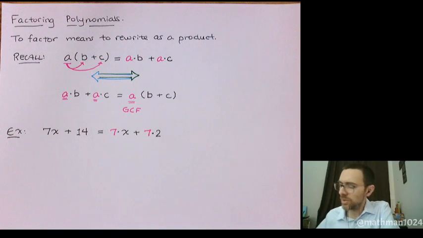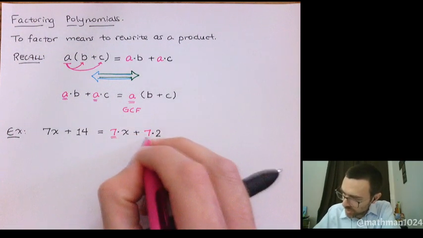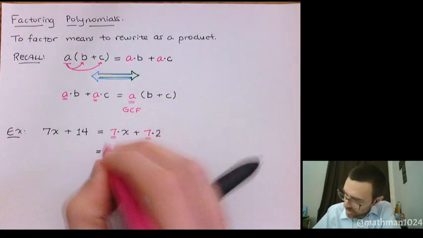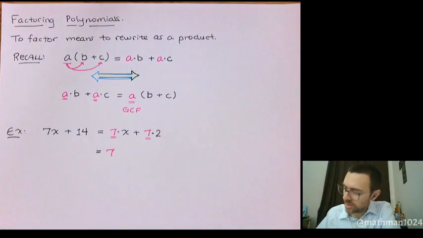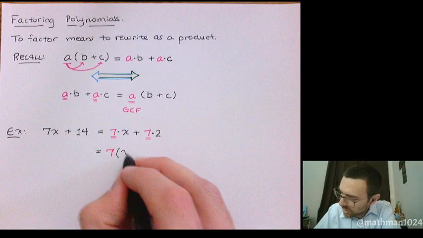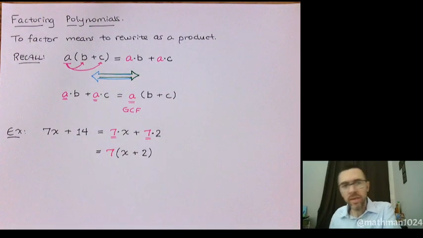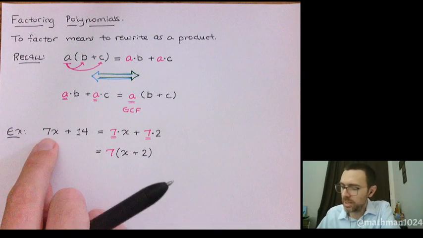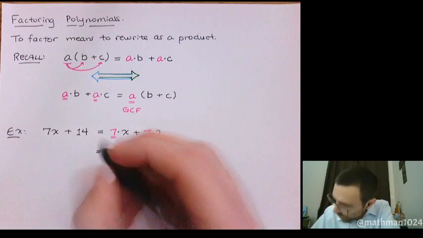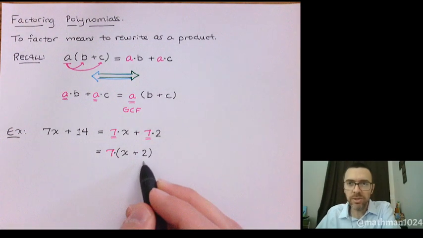What we're identifying here is that 7 is the common factor between these two terms, and so this common factor of 7 can now be written in front of everything. So we'd say 7 times these guys that are here in black, the x plus 2. And this is factoring. This is rewriting a polynomial, something that's made up of multiple terms, in terms of multiplication now. So we can say 7 times (x plus 2).